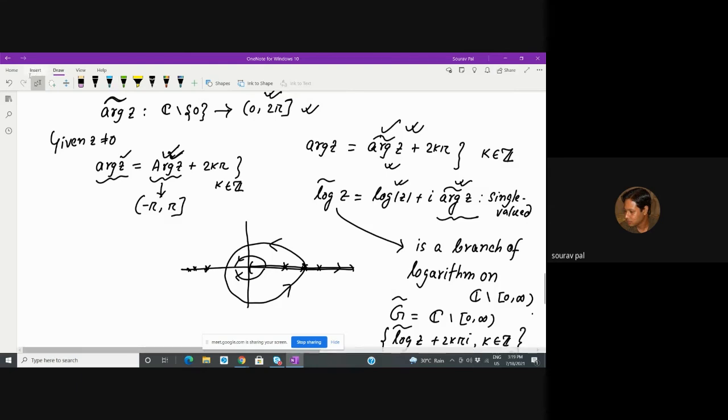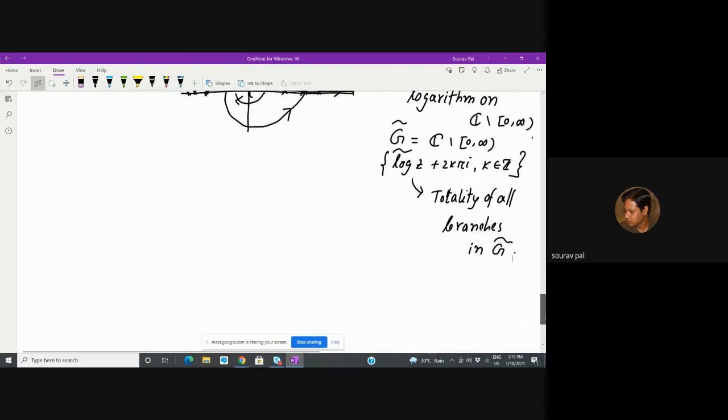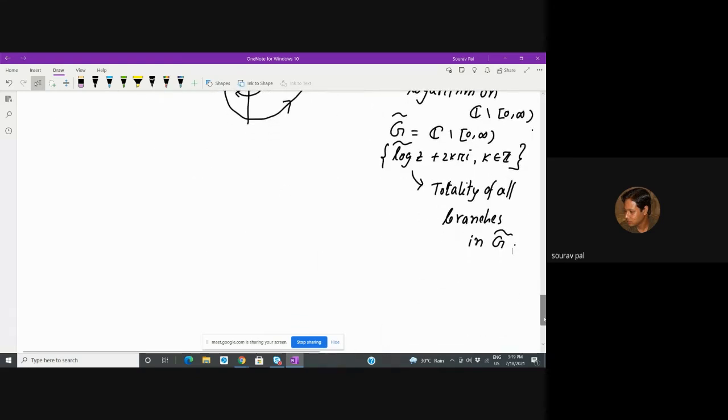Now the point is that if you remove any other half line, you have a branch of logarithm. For example, if you choose your argument to lie between minus pi by 2 and minus pi by 2 plus 2 pi, then which line will you remove? Can you please tell me?